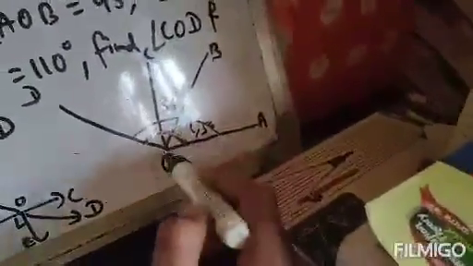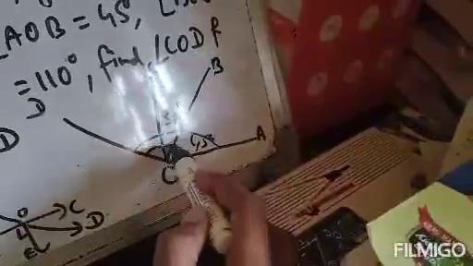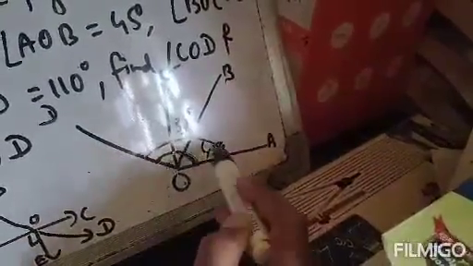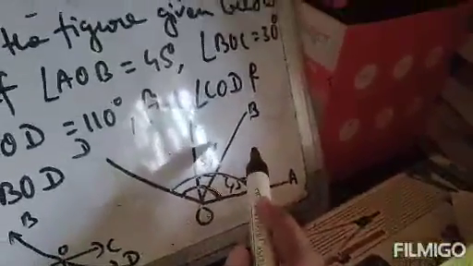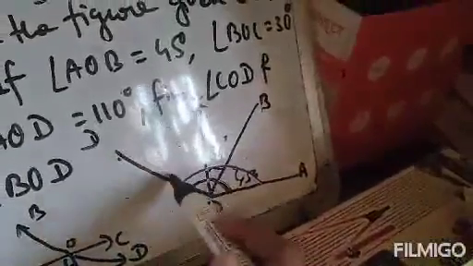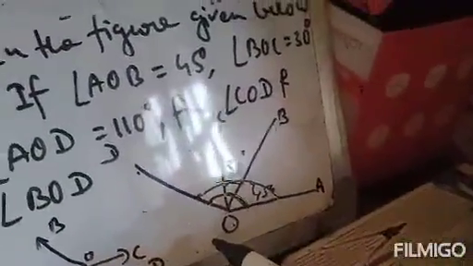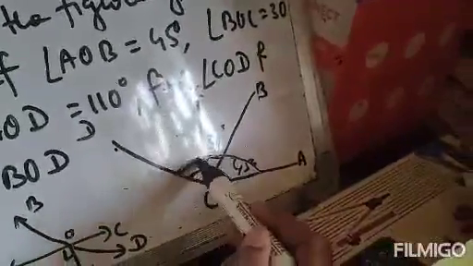AOB, this small portion, is 45 degrees, BOC, this small portion, is 30 degrees. If we add 45 and 30, we can easily get the value of this part. AOD, this total part, is 110 degrees, and we have to find angle COD, that means this small part.